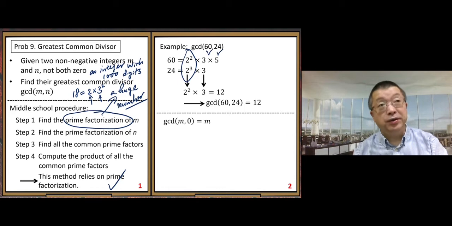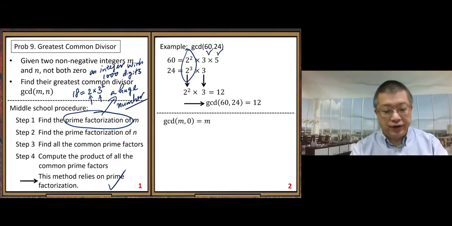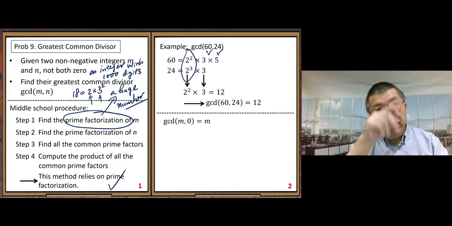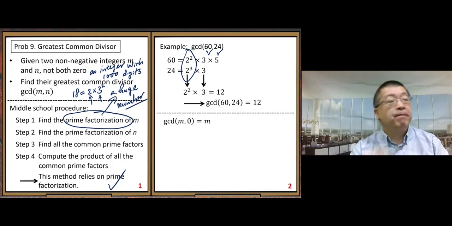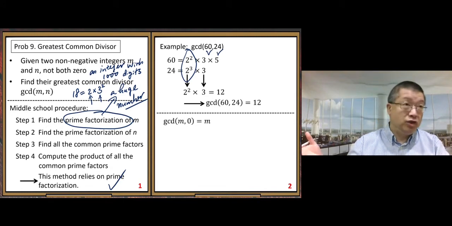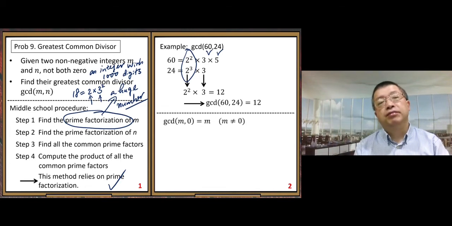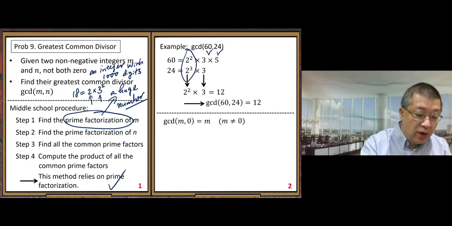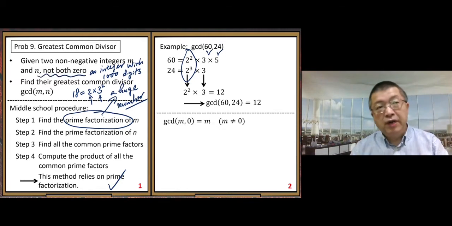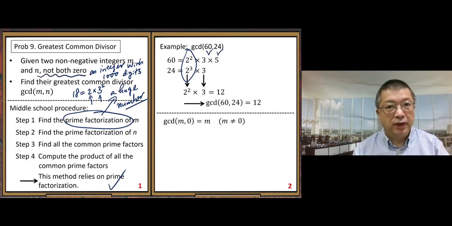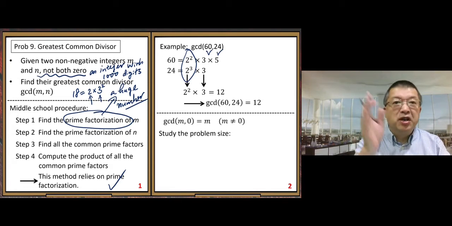Let's look at a new solution. When we start, we want to look at our data first. First, we know GCD of m and 0 equals m, where m is not equal to 0, because based on the condition, the two given numbers are not both 0. Then we study the problem size.